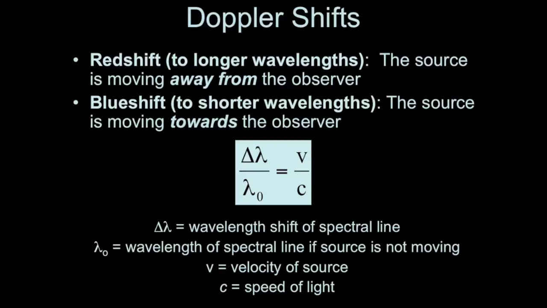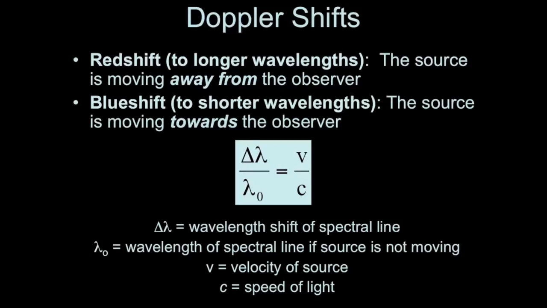And if we're looking at the rest wavelength of that absorption line, where it would be if there was no motion between the source and the observer, we call that lambda sub 0, and that's the rest wavelength. Delta lambda is the change in the wavelength from the original rest wavelength to where it's actually observed by the person who is detecting the waves.